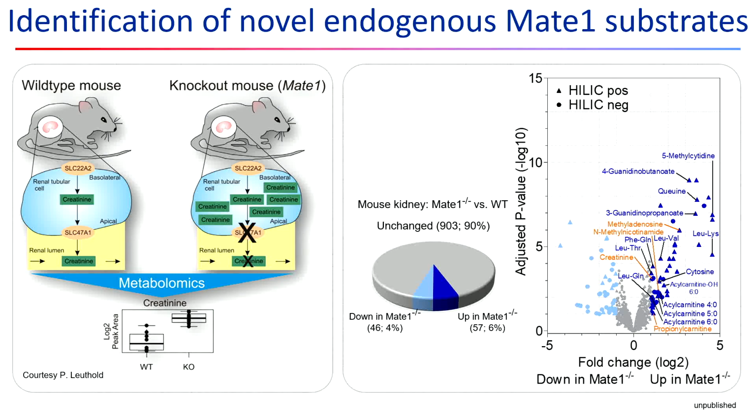So that was very exciting. And it was much more exciting to see those blue ones we identified, because those are novel substrates that hadn't been described before as MATE1 substrates. So particularly the methylcytidine, guanidinobutanoate, guanidinopropanoate, cytosine, and some acylcarnitines.